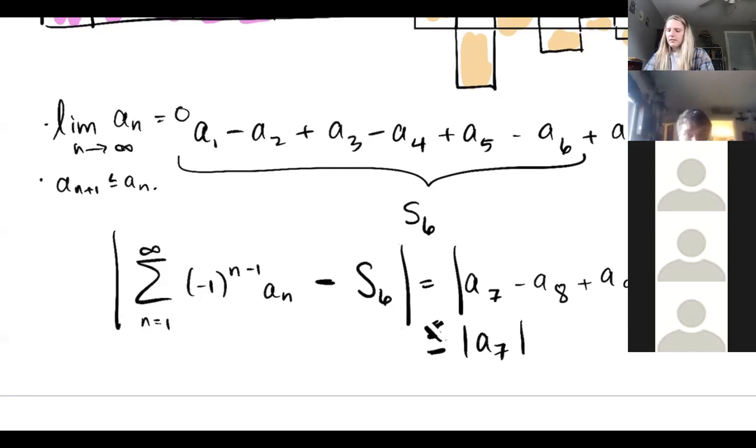Does that make sense? Because the moment you have A7 minus A8, you've taken a chunk out of A7 that you'll never get back, because A9 is not as big as A7.